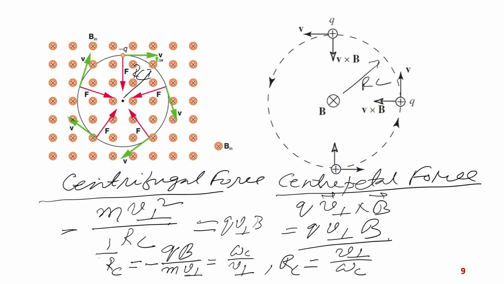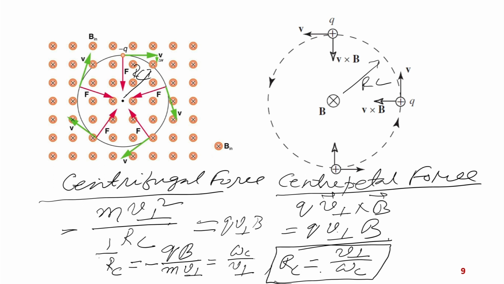So, in this case why have I taken this as a minus? Because I am putting this Q B by M as minus omega c, because here we consider the sense of this omega c. When the charge is negative, we consider it as counterclockwise. So, you see here when it is minus q, the direction is changed. So, I can write this as R C, because R C cannot be negative.